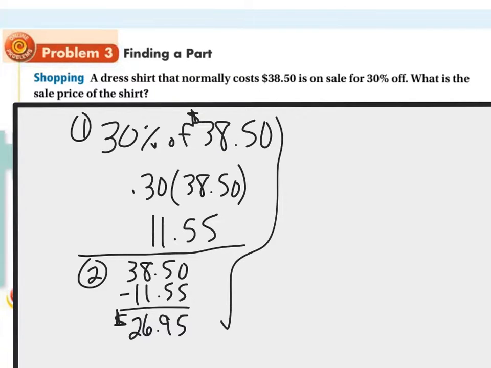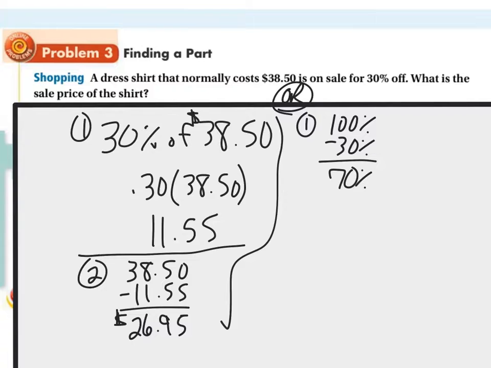Another option you have is to think about, if you're paying full price, you're going to pay 100%. If it's 30% off, it means you're going to pay 70%. So you're going to pay 70% of $38.50.